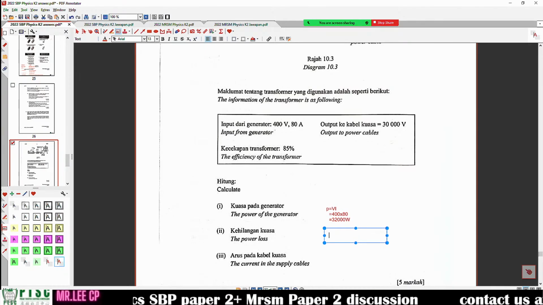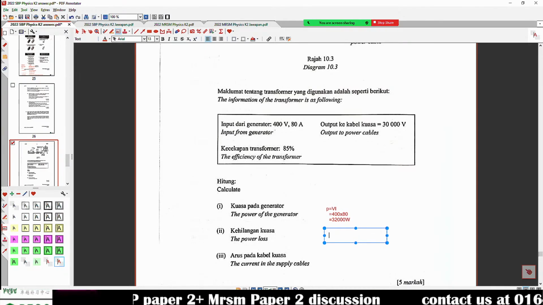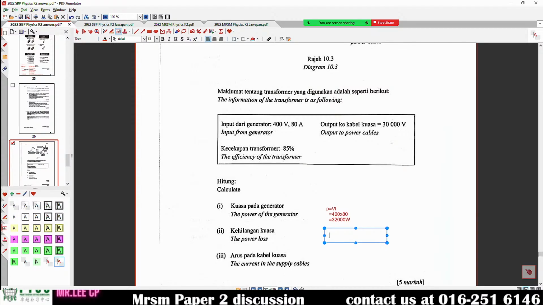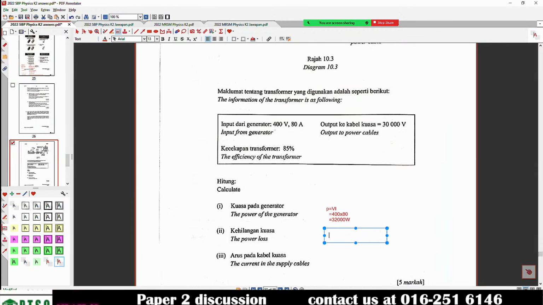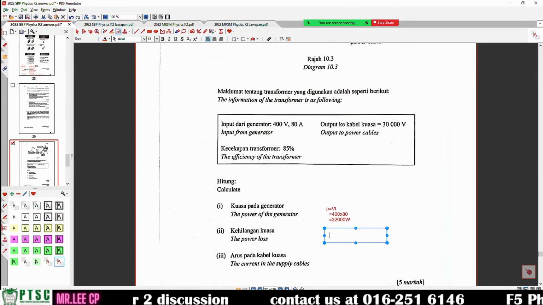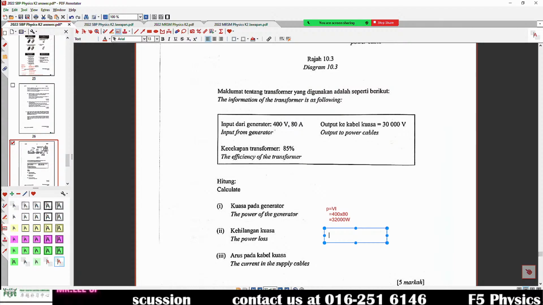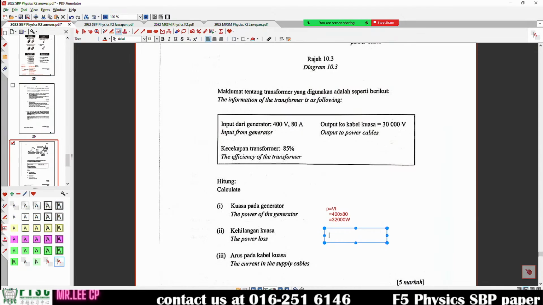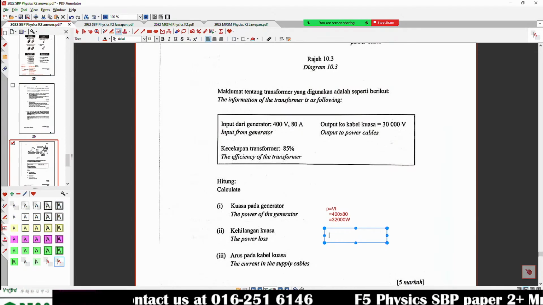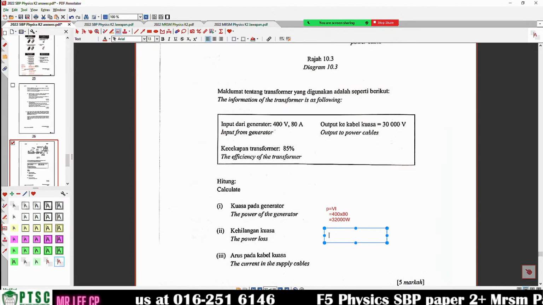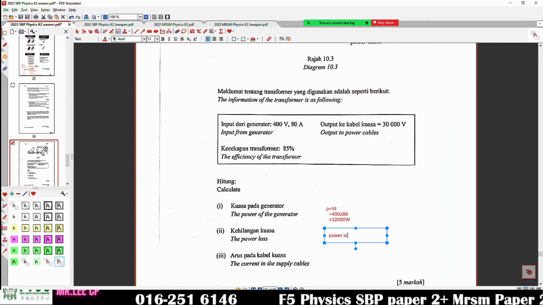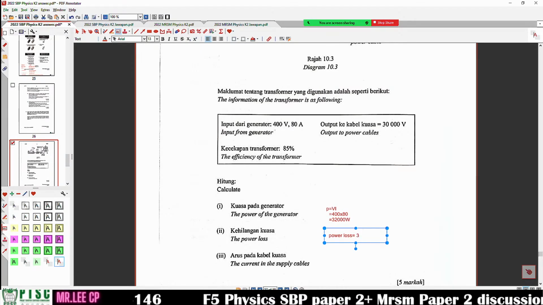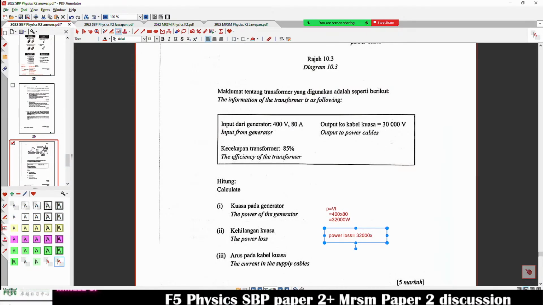So it is the power input, you calculate everything, and then the power output, you calculate everything, and then you subtract. But they gave you the efficiency of 85%, meaning how much power loss? 15%, right? So the power loss is 32,000 watt times 15%.